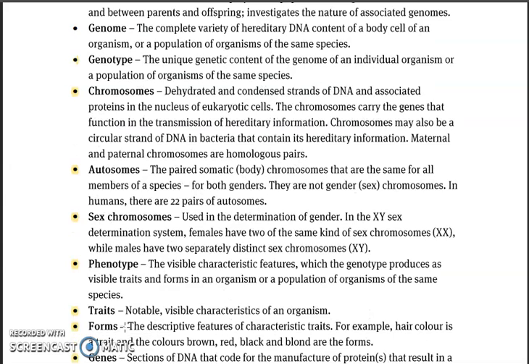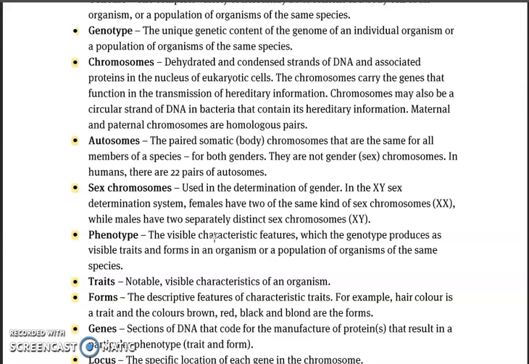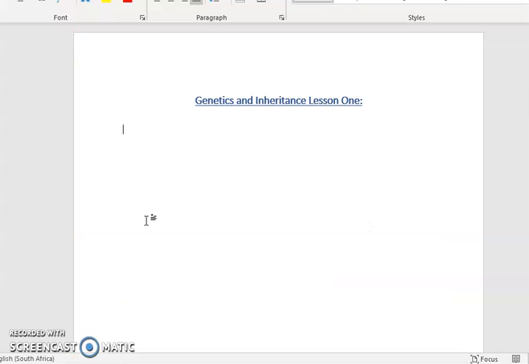Then we look at phenotype, which is basically the visible characteristic, something that we can see. So the genotype produces the phenotype. The genotype will tell the organism, okay, you're going to have blue eyes, and then the organism will produce blue eyes, and we can see the blue eyes. So the blue eye is actually your phenotype. Your genotype is basically going to look like a small b and a small b.